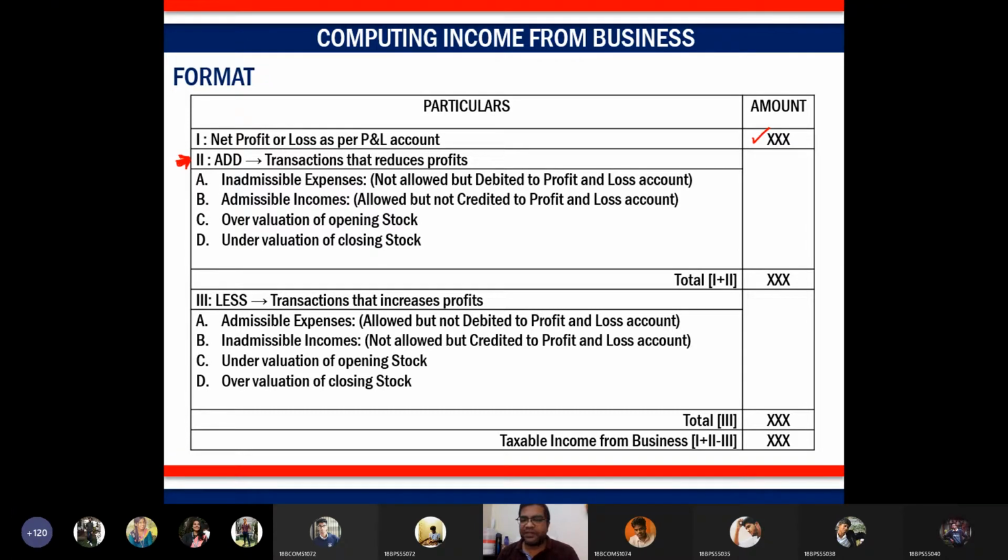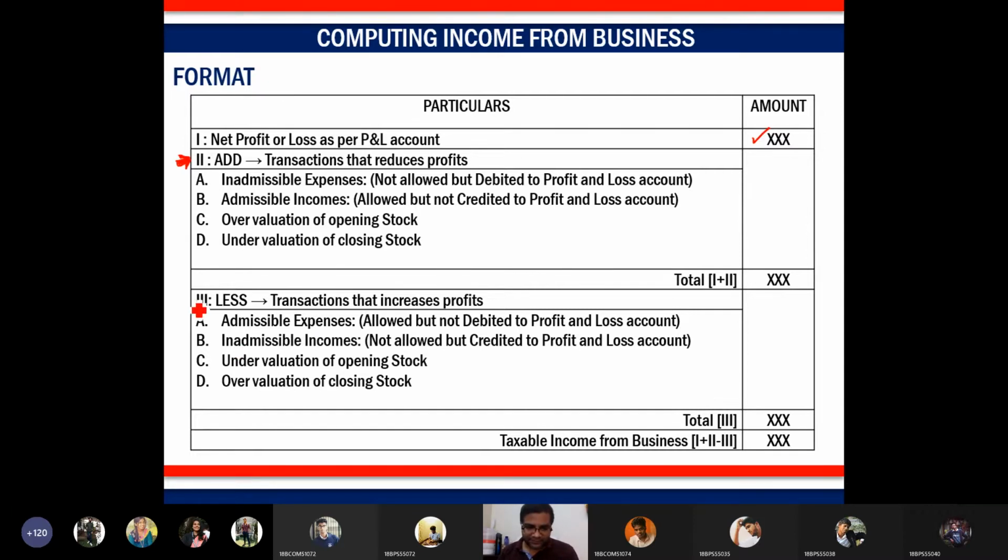Why would somebody want to show lesser profits? Because they don't want to pay tax or they want to pay lesser tax. So they would indulge in those transactions which are not permissible. Therefore, we should add back all those transactions that reduce net profit. That is our step number two.